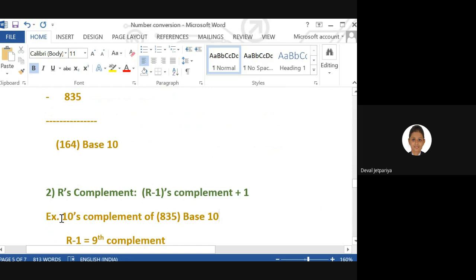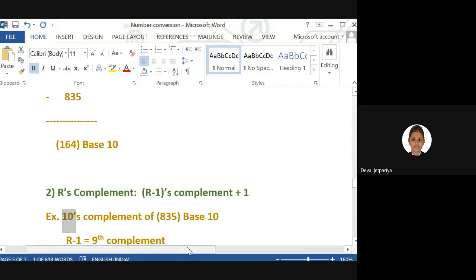Suppose for 835 we need to find the 10's complement. We cannot directly subtract like 10 minus 8, 10 minus 3, 10 minus 5. But what we need to follow is r minus 1 plus 1. So here r is equal to 10.